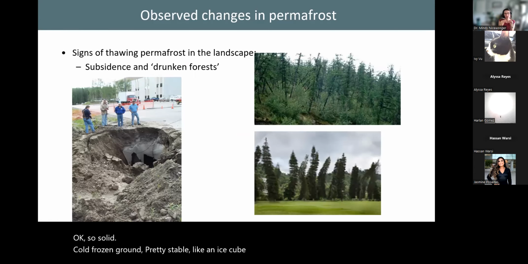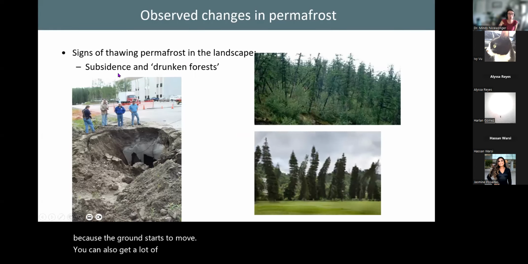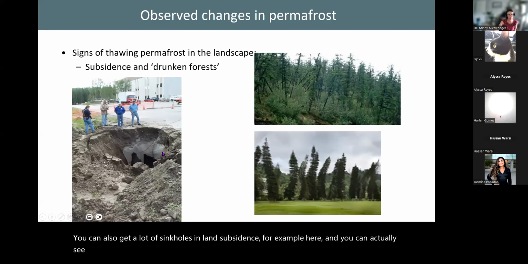But when you start to melt, you get liquid in the pore spaces, the soil starts to move a bit, and the trees become kind of wonky because the ground starts to move. You can also get a lot of sinkholes and land subsidence, for example, here. You can actually see some of that frozen ground there, but the active layer is getting deeper and the ground starts to move a bit more.